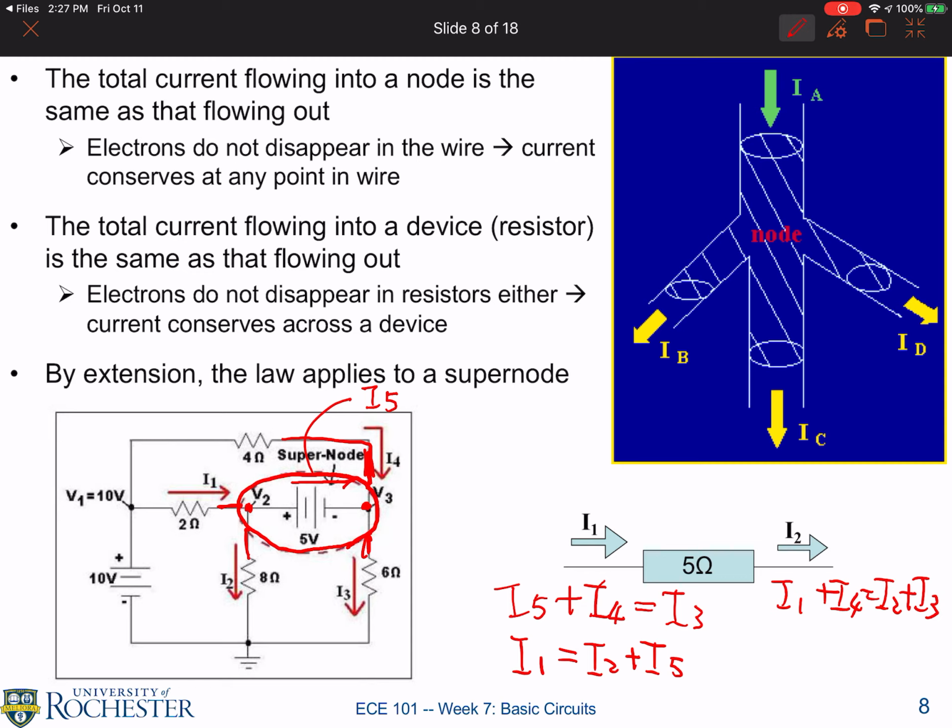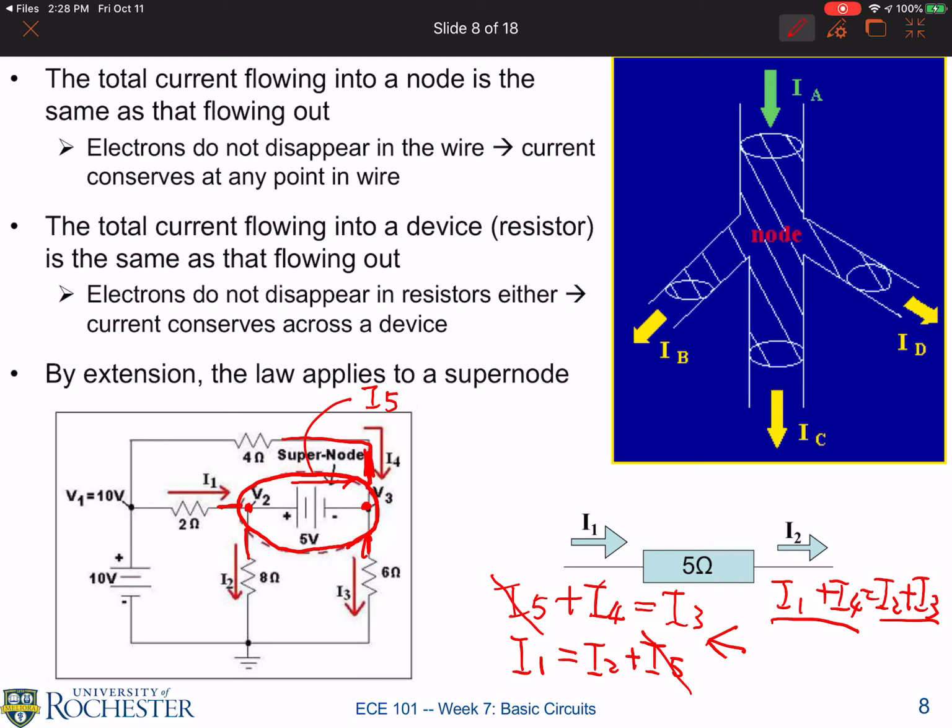But I have a super node consisting of 2 nodes, V2 and V3. If you look at these 2 equations, what do you see? If I add them up, the left-hand side and right-hand side both have I5, so they cancel out. The left-hand side therefore becomes I1 plus I4, and the right-hand side I2 plus I3.